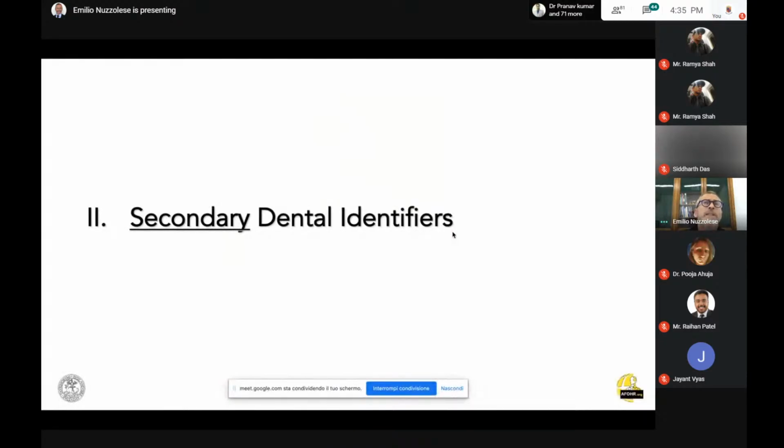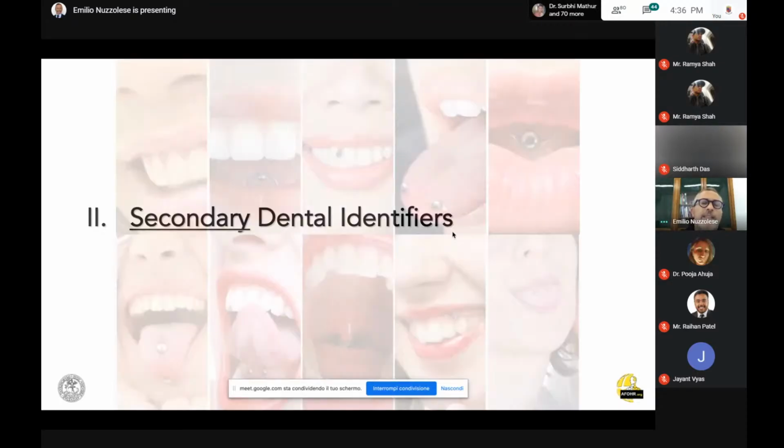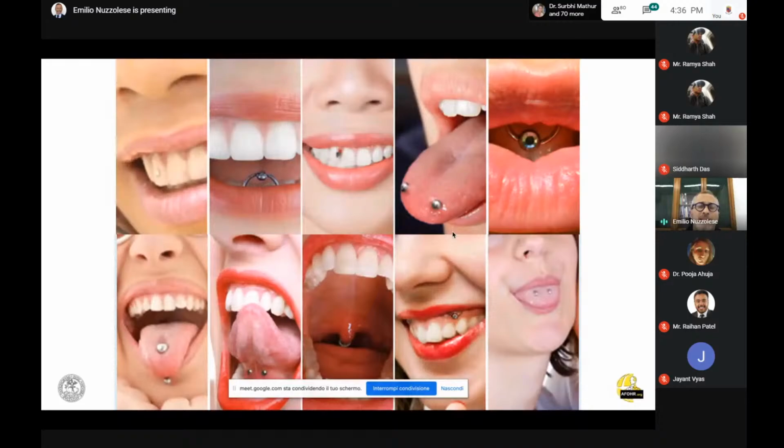Now, I was telling you, one of the aspects of this presentation was also the emphasis on dental identifiers. We also have secondary dental identifiers. This is what we have also been working on as a university. Last year, we launched an informative campaign called Identify Me, which was addressed to families and to law enforcement, because there are so many secondary dental data that could still be used for the identification.